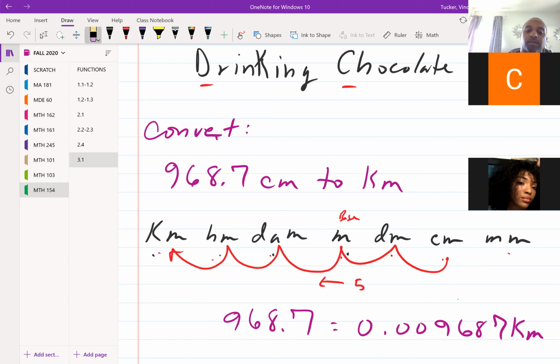I went 5 to the left from centimeters to kilometers, so I would take my decimal in my answer and move it 5 to the left.